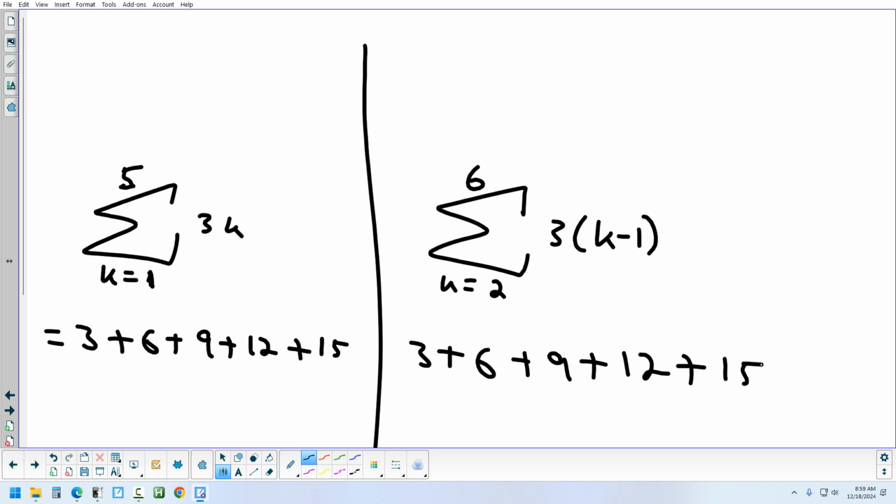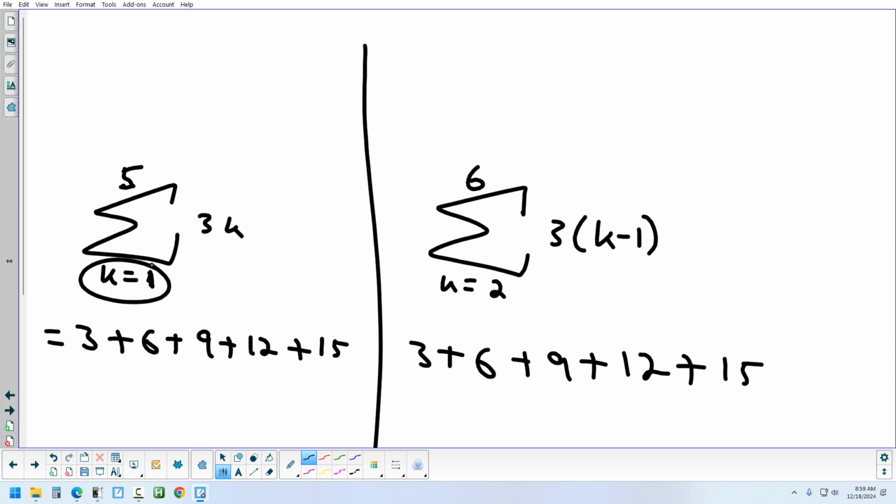And the reason I'm showing you that is because every problem we did yesterday, we always started with the number 1 to plug in and get our first term. But you don't have to start with 1. You could start with 2. I could start with 3. I could write a version of this that starts with 607 and still get the same answer. I just have to adjust it to make it work.